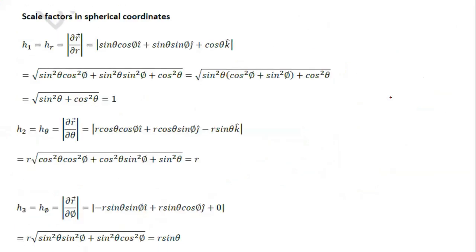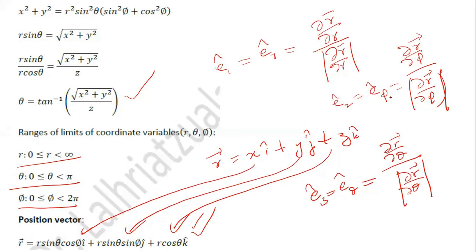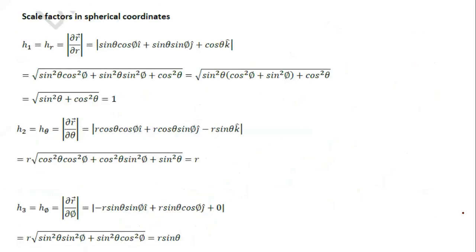So here, this magnitude is called your hr, the scale factor. Instead of h1, now we have hr. And this is your scale factor h phi, and this is your scale factor h theta. So everything is written here. You just differentiate it and take the magnitude of that.